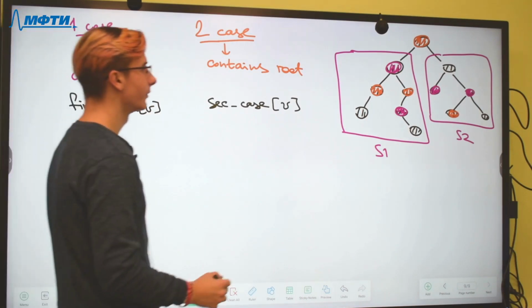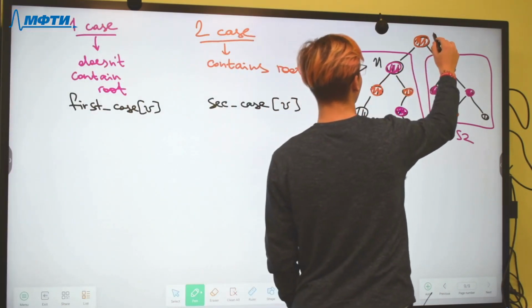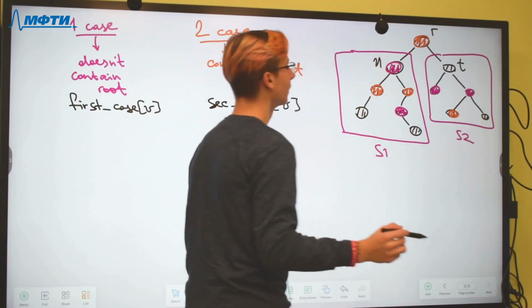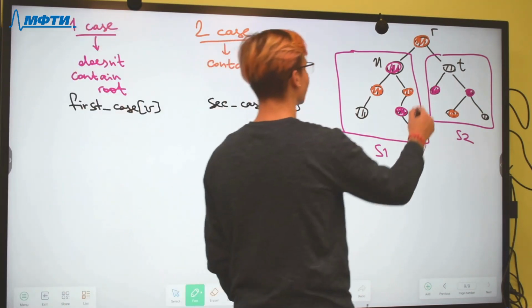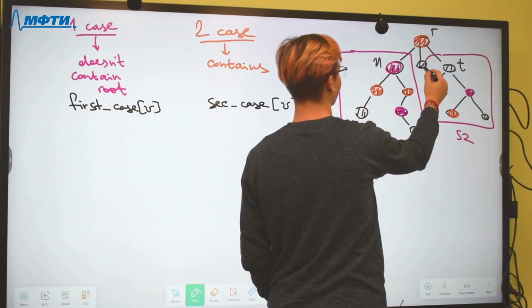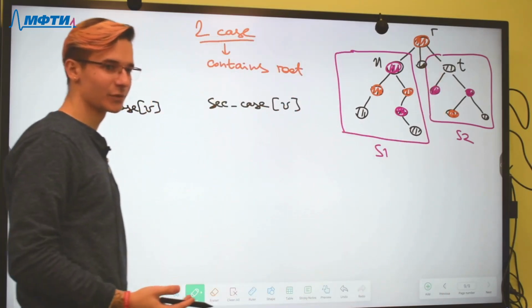And so if we have a root connected with two vertices U and V, or U and C, of course I always draw two subtrees, but of course we can have different numbers of subtrees.